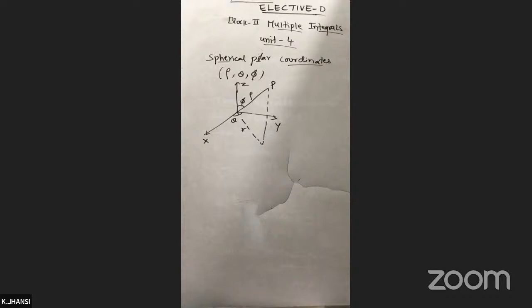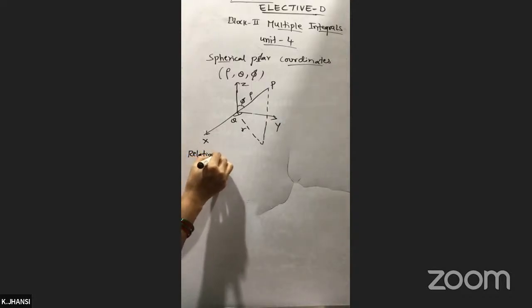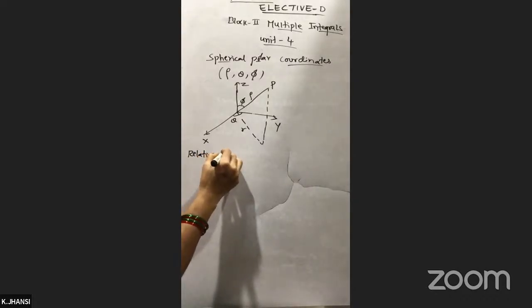The relation between Cartesian and spherical coordinates. These relations are important for solving the problems.